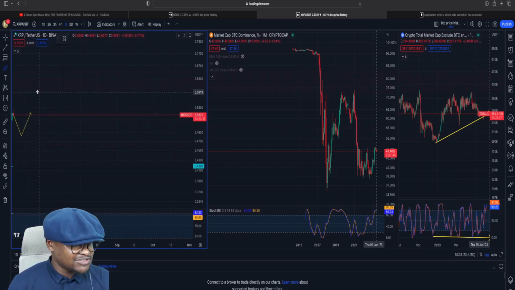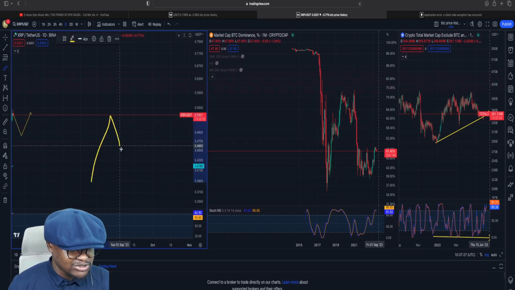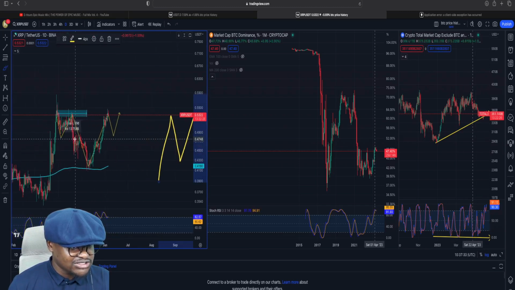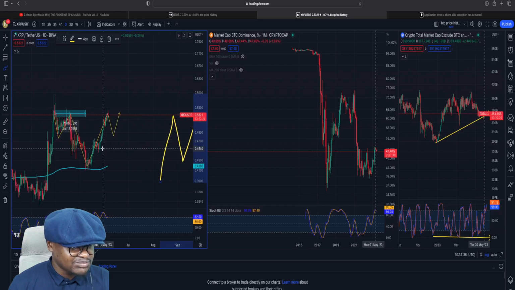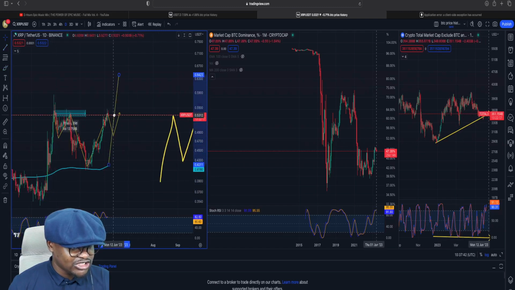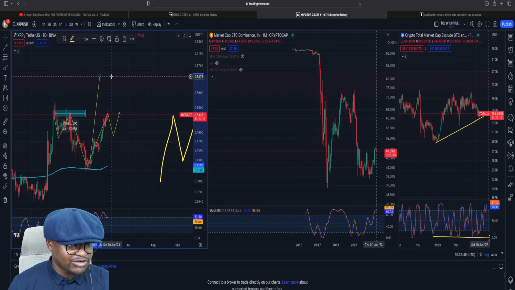I explained this some time ago on the channel. I said that when you see a move like this, expect a retracement like this and expect this type of move. And here you could actually use the ABCD pattern right here. So ABCD would be like so, and you put it here. And then XRP should be headed up higher for this one right here.